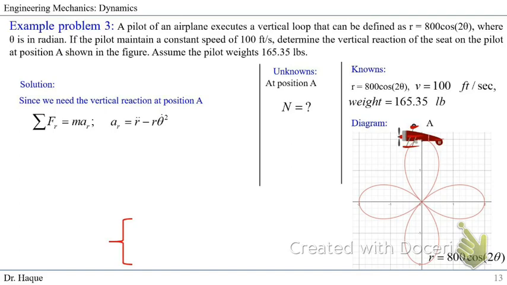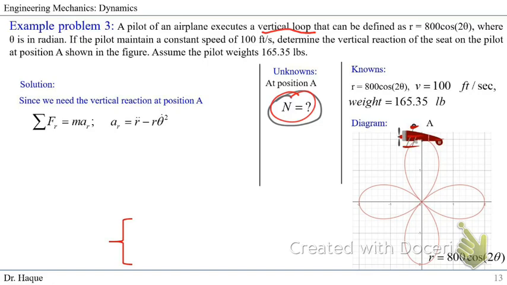So we know the radial direction. Since we are looking for the vertical reaction N, we know there is r and θ, and since it's only making a vertical loop, we don't have to worry about the z coordinate.